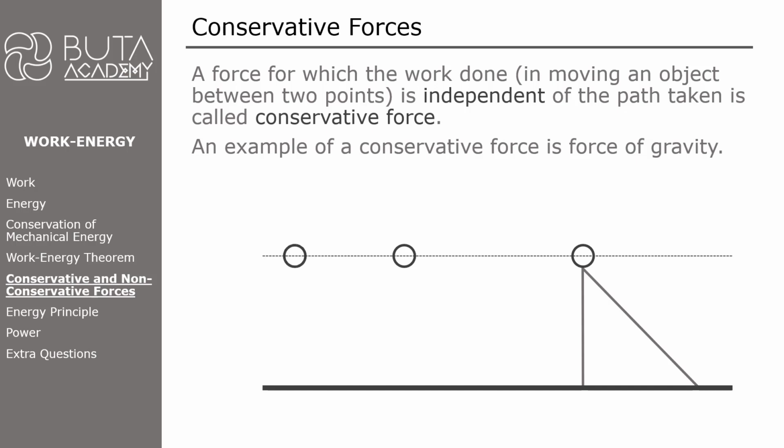The first object is released from this height and drops to the ground. The second object is thrown upwards with an initial velocity, moves up for a while and then drops to the ground as well. Once released, the third and last object slides down the incline and reaches the ground.